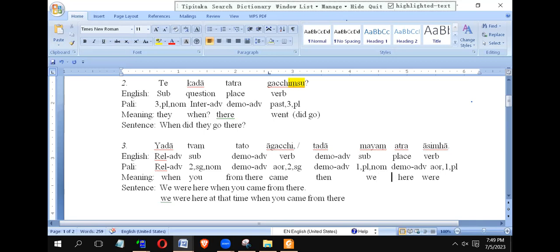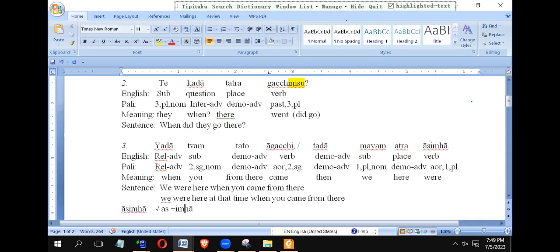So what's the meaning of this one, asimha? Asimha means were, right? Do you know how to form this? Let me show you how to make asimha. What is the root? As, and then plus imha.